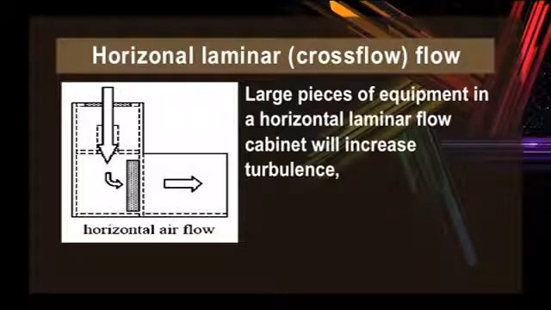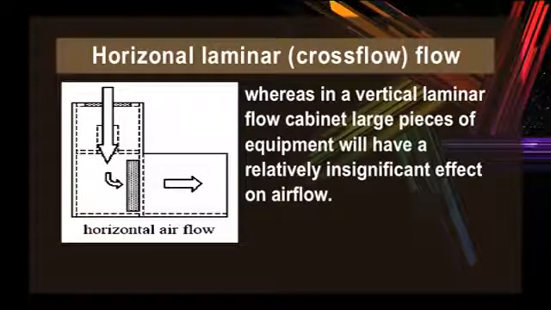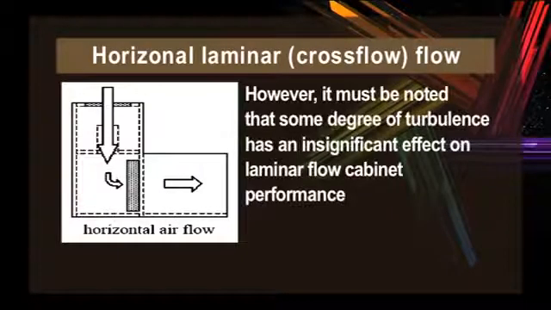Large pieces of equipment in a horizontal laminar flow cabinet will increase turbulence, whereas in a vertical laminar flow cabinet, large pieces of equipment will have a relatively insignificant effect on airflow. However, it must be noted that some degree of turbulence has an insignificant effect on laminar airflow cabinet performance.